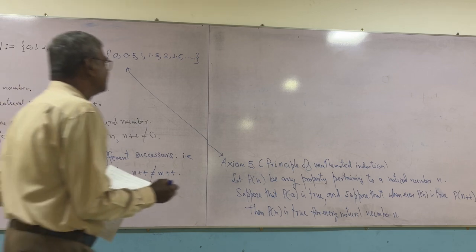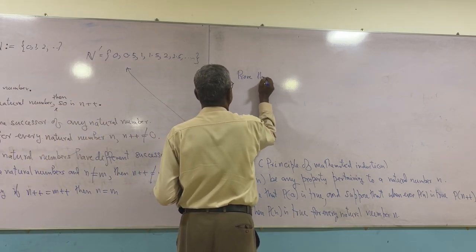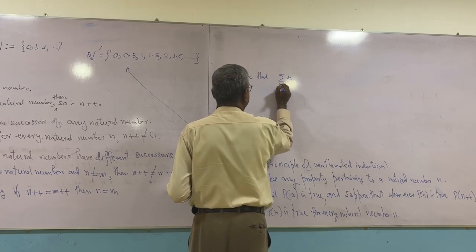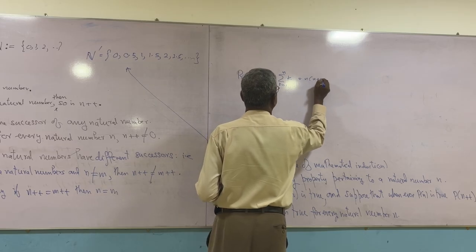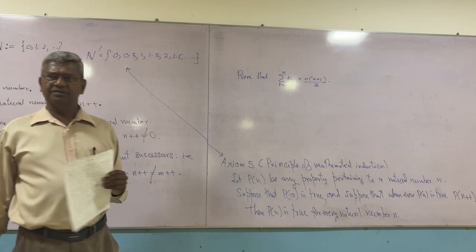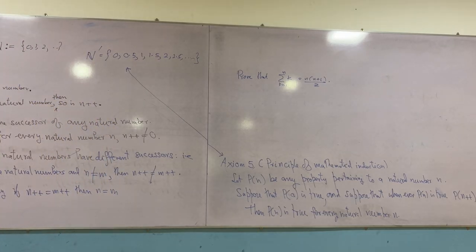Prove that sigma k going from 1 to n is equal to n times n plus 1 divided by 2. So that I am taking, he says, a certain property P n is true for every natural number n.